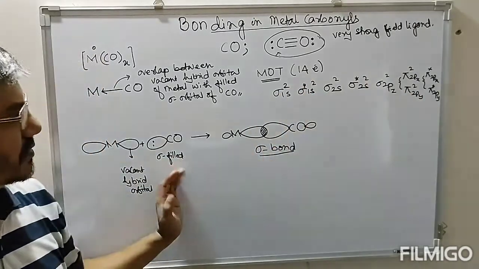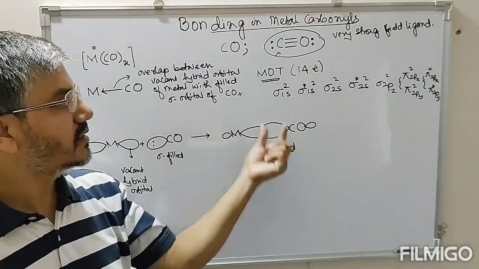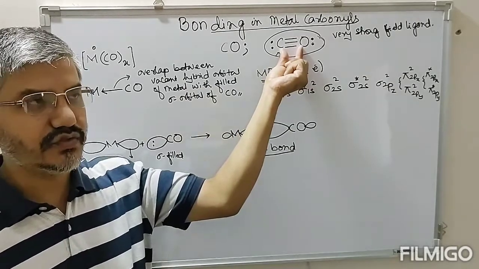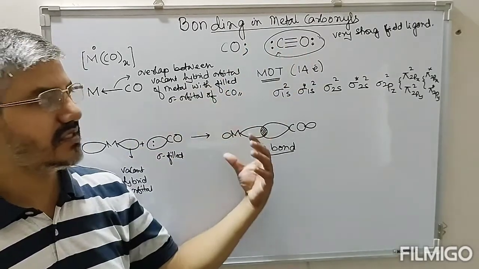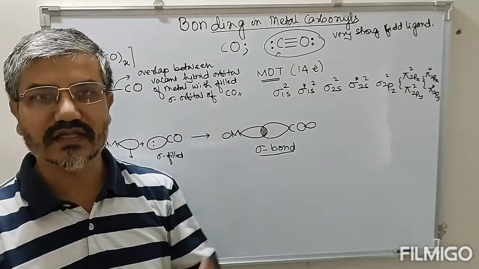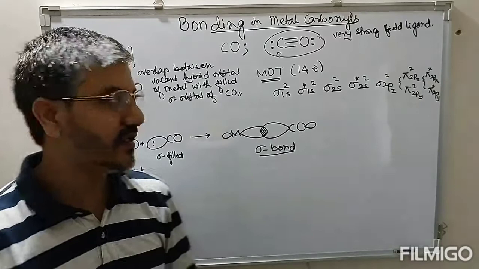When the metal carbon bond becomes double bond in character, the bond order between carbon and oxygen will be less than 3. So as the bonding between metal and carbon increases, the bond between carbon and oxygen will decrease. That is, the bond strength will decrease.